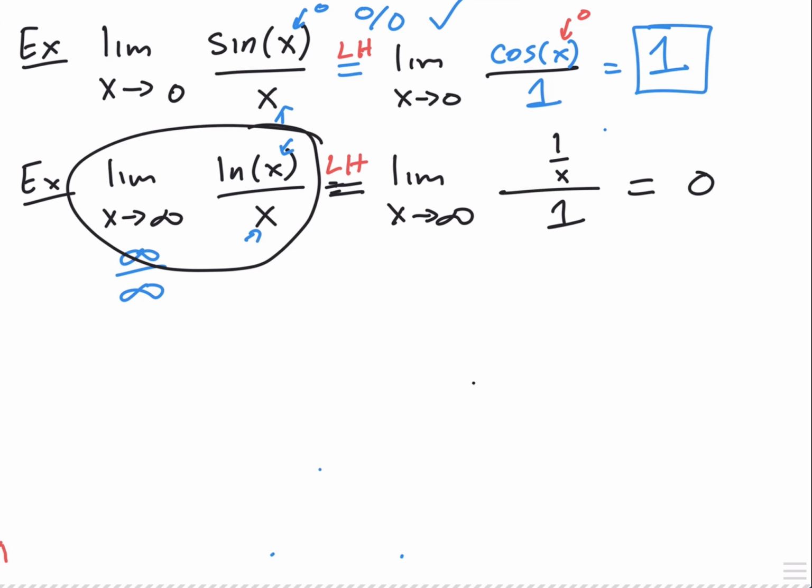Which you can do here, but what would you get if you divide by x? The highest power is 1, so you would divide by x, which would give you 1 in the denominator, but then what would you have in the numerator? ln of x divided by x, which is exactly what you started with, right?